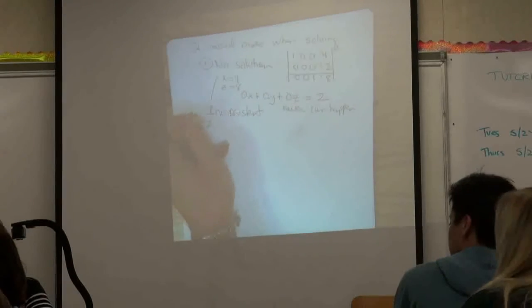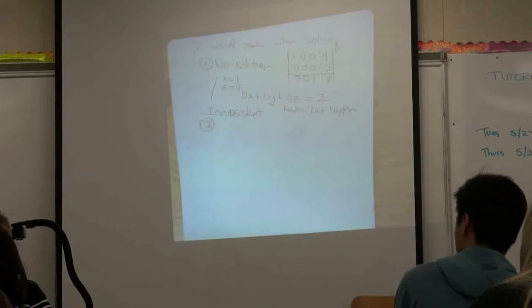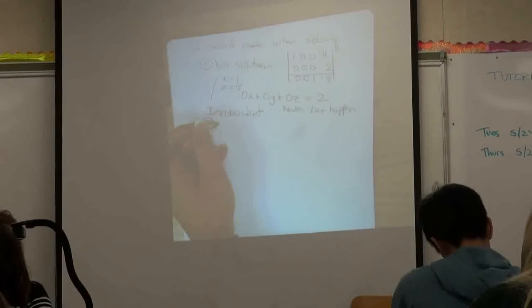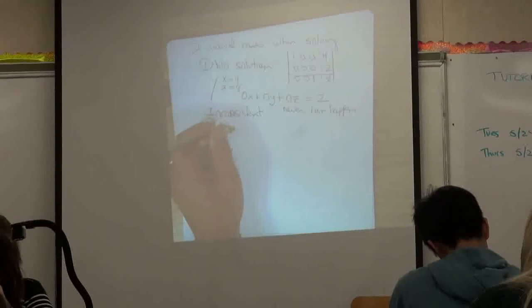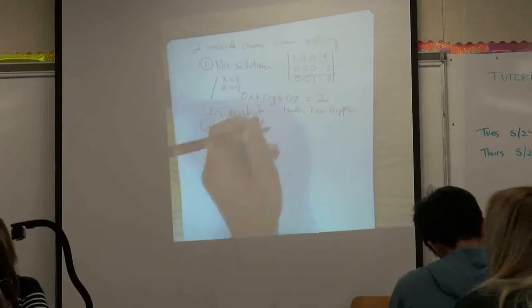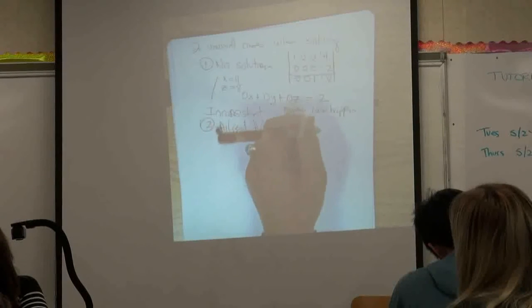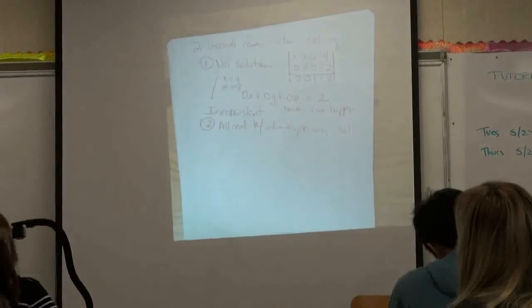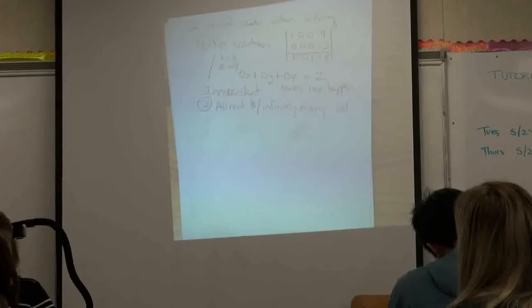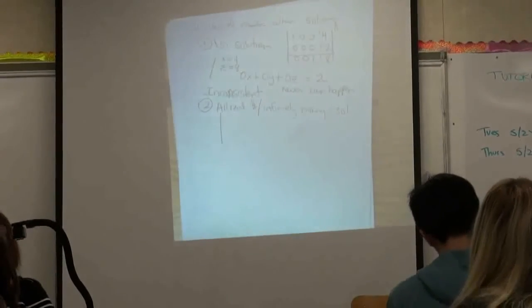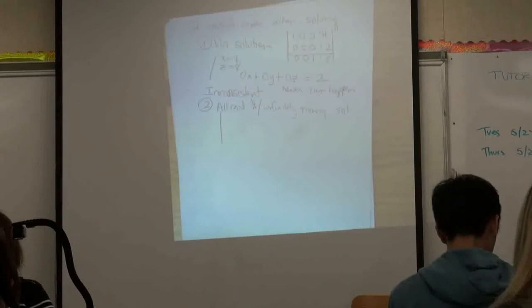The other unusual case when you were solving was when the answer was all solutions, all real numbers, also known as infinitely many solutions. What did that look like? Four zeros in a row. That's when you got four zeros in a row.